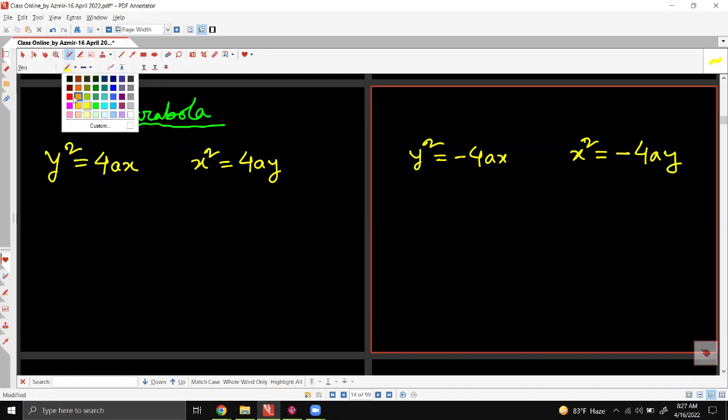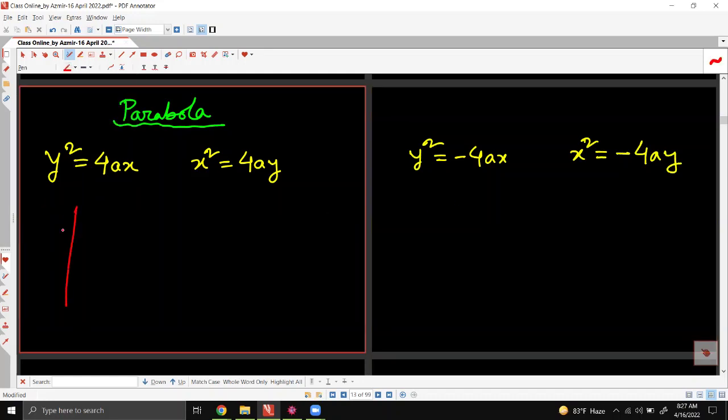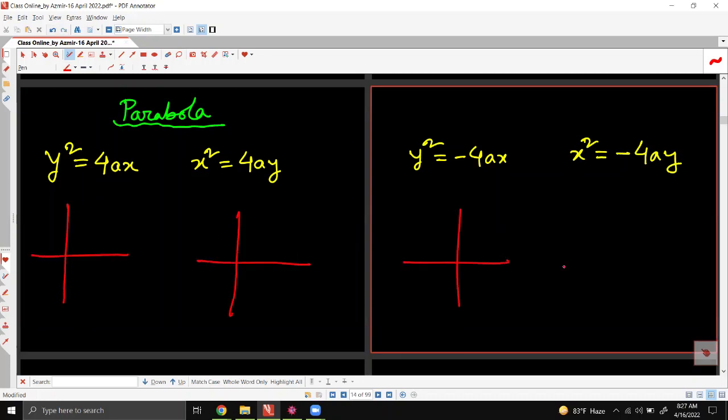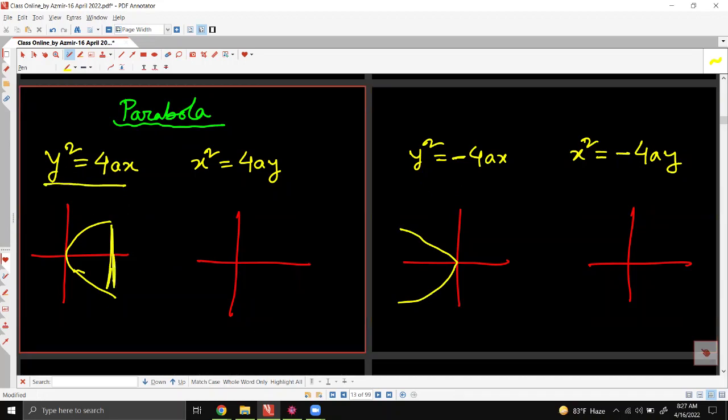The graphs of these equations will be like this. For y squared equals 4ax, its graph will be this type. If we have y squared equals negative 4ax, then the graph will be this one. That means for y squared equals 4ax, the open part is on the right side, and similarly for y squared equals negative 4ax, the opening is on the left side.